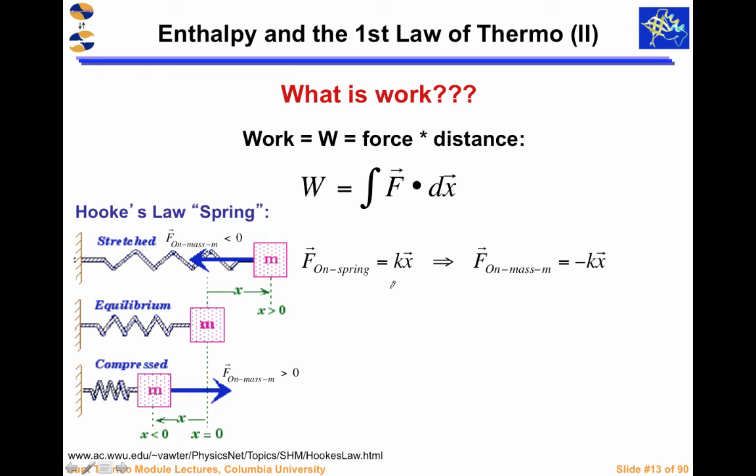And as we'll see shortly, the importance of this for molecular physics and solution thermodynamics is that bond vibrations, both length and angular vibrations, are well modeled based on the physics of a Hooke's law spring.